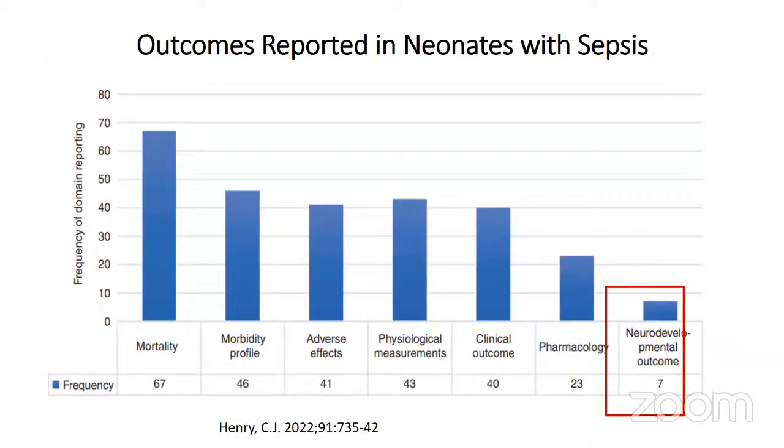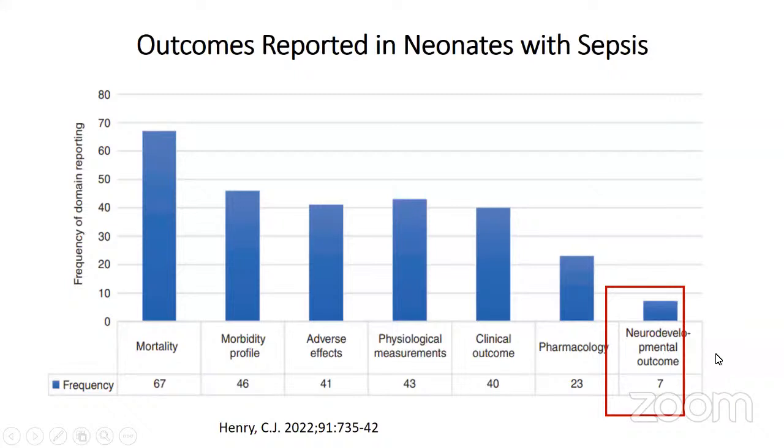Although most of the time when we talk about sepsis, we talk about mortality. As you can see, many studies, if you look at the bottom numbers, many studies are reporting on mortality, morbidity, and other clinical outcomes. But there are very few studies that are looking at neurodevelopment.